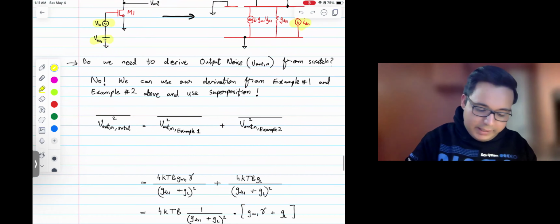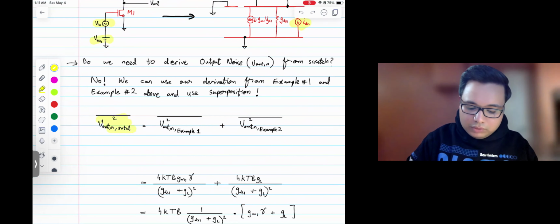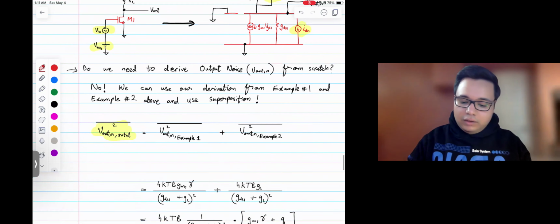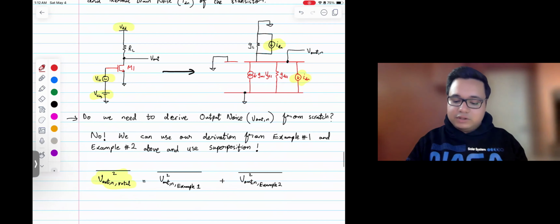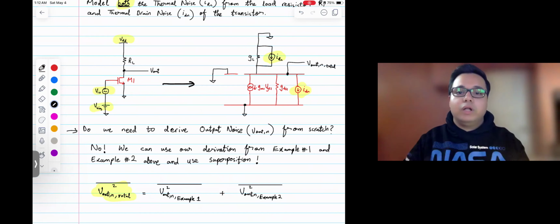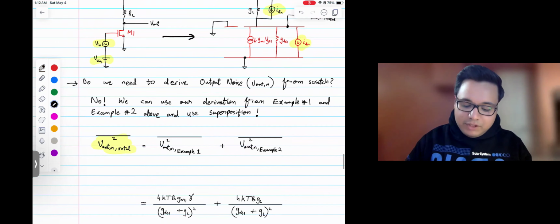So let's look at that. So V out N total. This is the total output noise due to both the components, the load resistor and the transistor M1. So let me write this as Vn total. That's what I mean by total output noise. It's just both of the components at the same time.